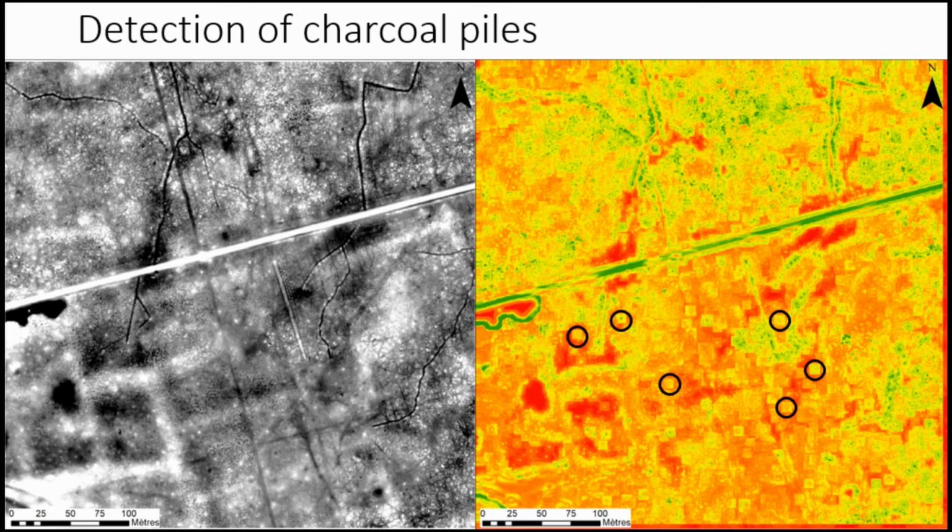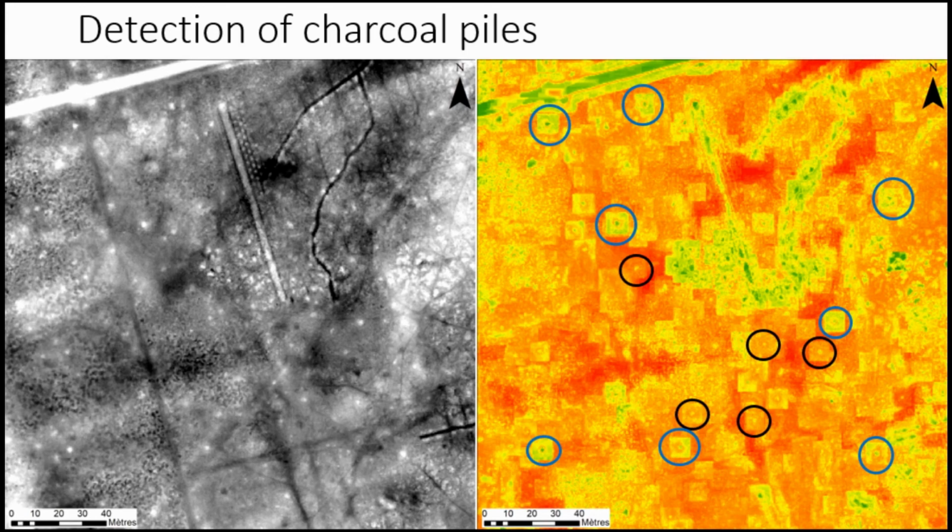But a few of them have also a ring around it, which is recognized by the software, but is almost completely unseeable by hand and directly on the local relief model.